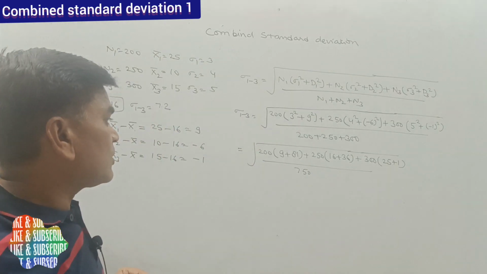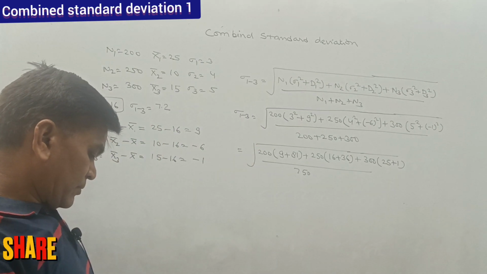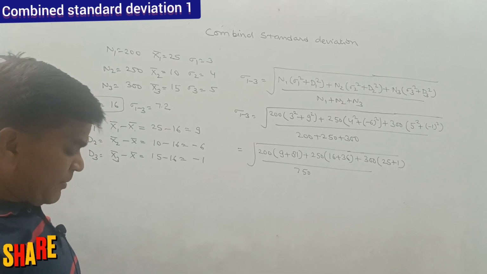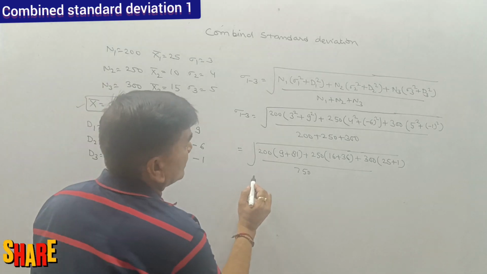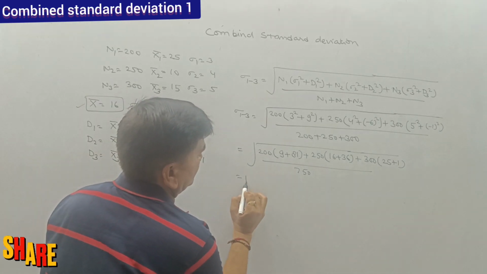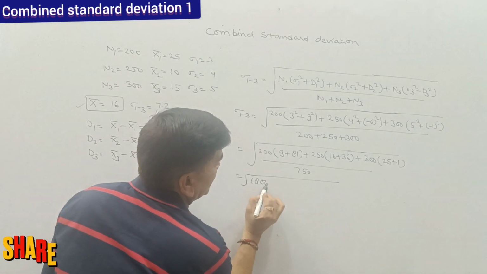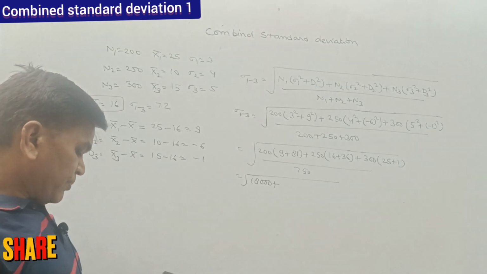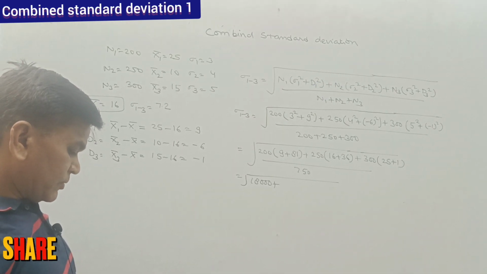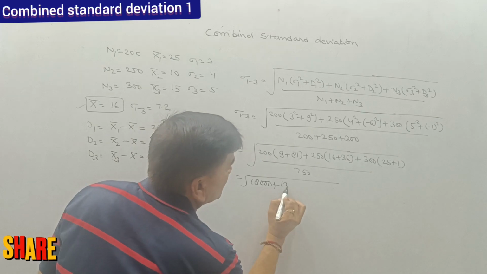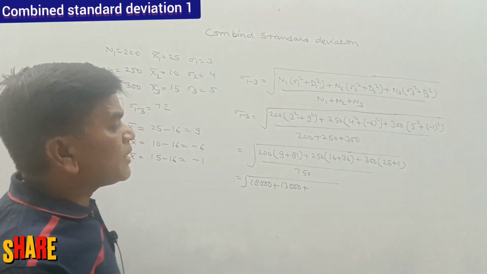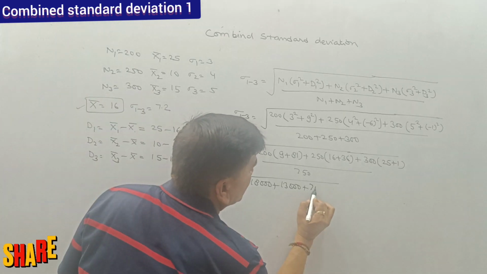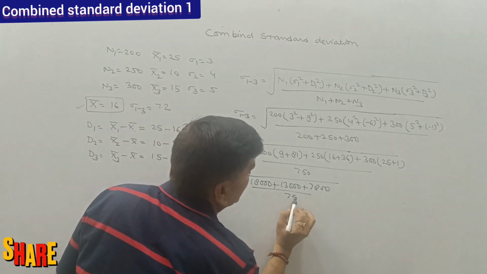Okay. Now we will solve this. 200 multiplied by 90, since 81 plus 9 is 90, that is 18,000. Then 250 multiplied by 52 is 13,000. Then 300 multiplied by 26 is 7,800. The total is 38,800 divided by 750.